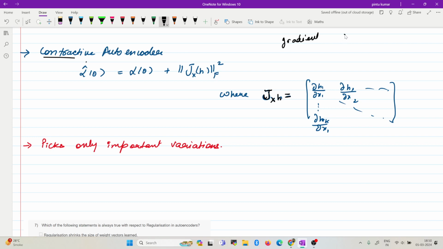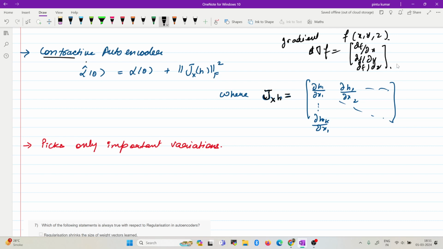So if you have f, a function of let's say x, y, z, and you wanted to find the derivative, this was represented by something like this. So what was the component? It was the derivative of f with respect to x, then the derivative of f with respect to y, the derivative of f with respect to z.